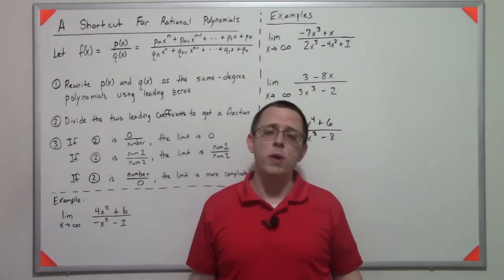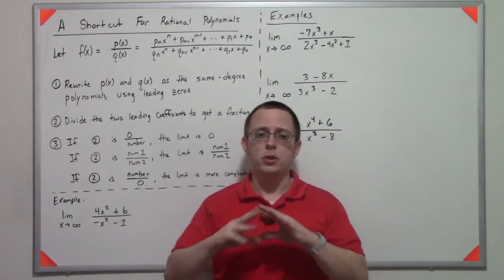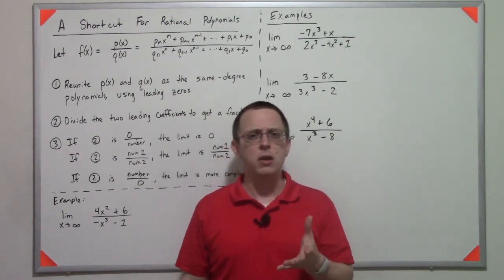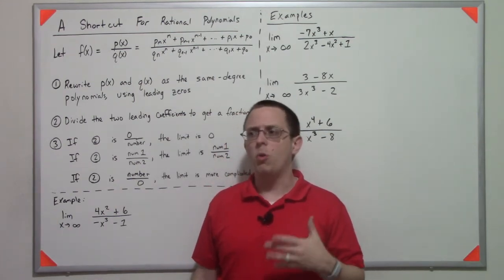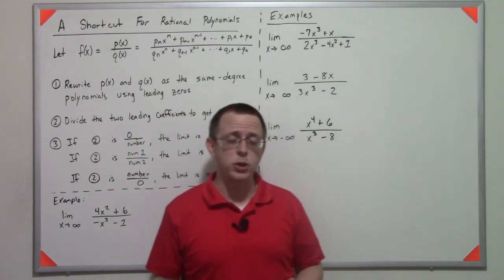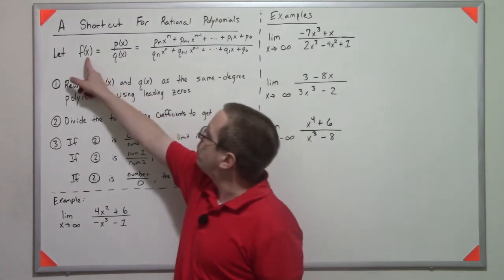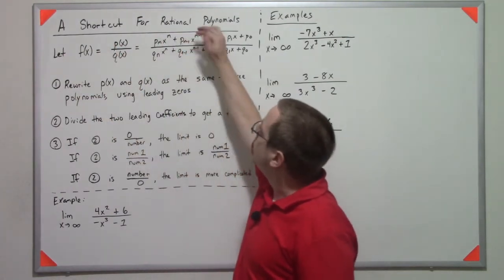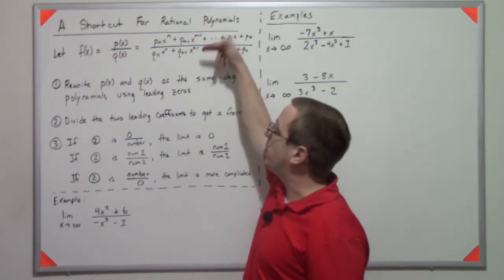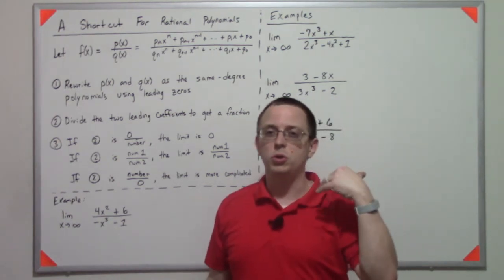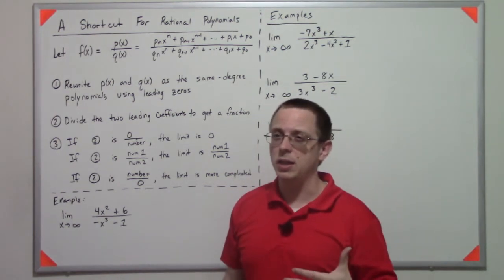We've discussed looking at rational polynomials to look at dividing out terms as we take those limits, and that's not so hard to do, but a way that is kind of a shortcut for rational polynomials follows this algorithm. It says that if I have some function which is some polynomial on top divided by some polynomial on bottom, then there's a sort of a trick to getting the value of these limits.